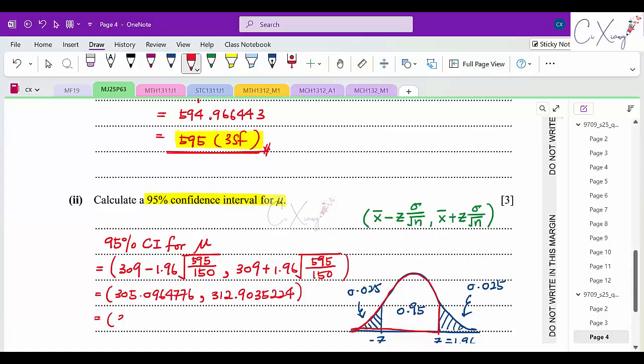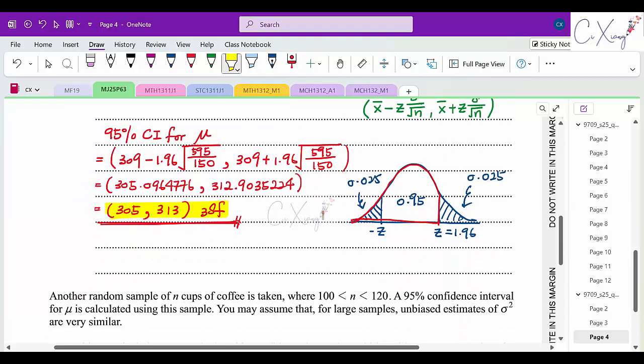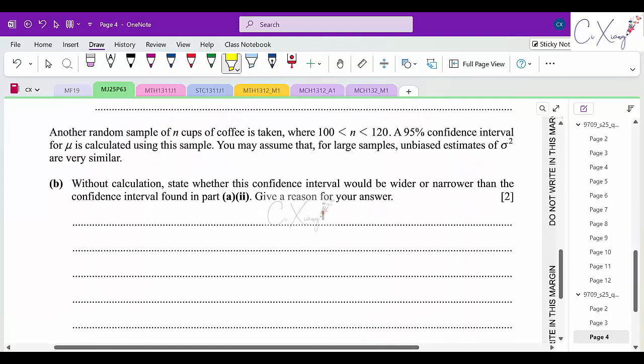After that, I correct it to 3 significant figures, where the answer becomes 305 and 313, correct to 3 significant figures. Alright, this is what I have for part 2. Then let's continue to the next part.